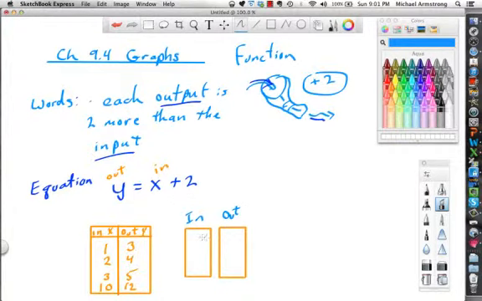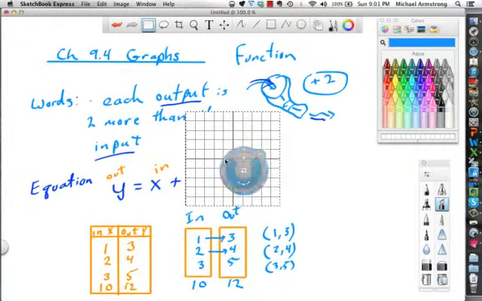They had a 1 going in and a 3 going out, or a 2 going in and a 4 coming out, 3 and 5, and then we did that 10 and 12. They go directly to each other. They can be written as ordered pairs like this, and then they can be drawn on a graph, which is what we're doing today.